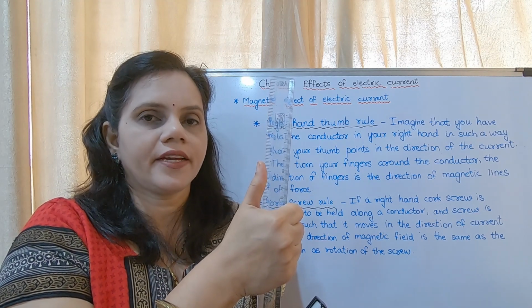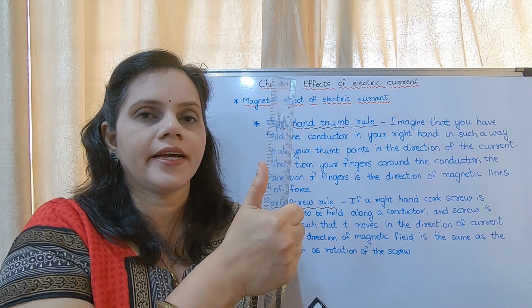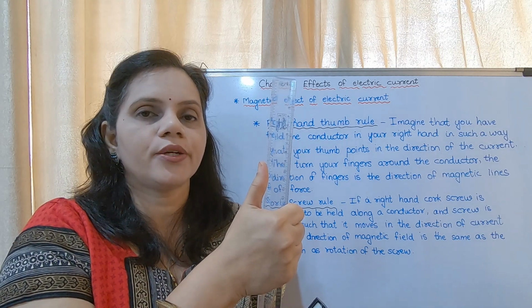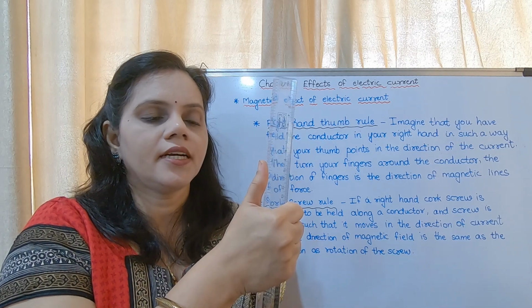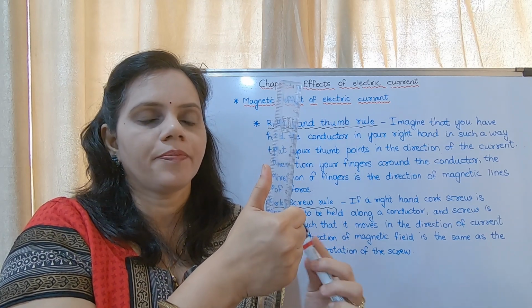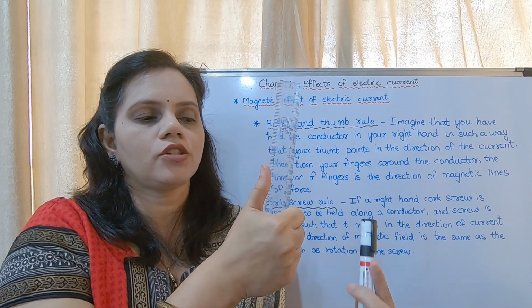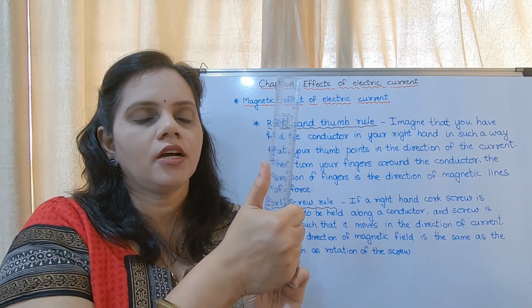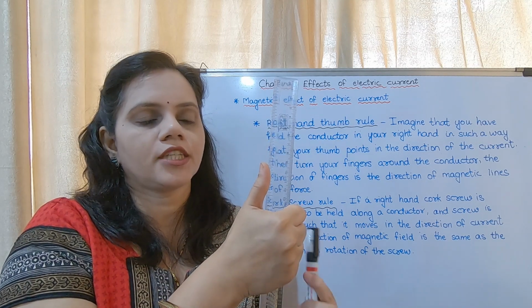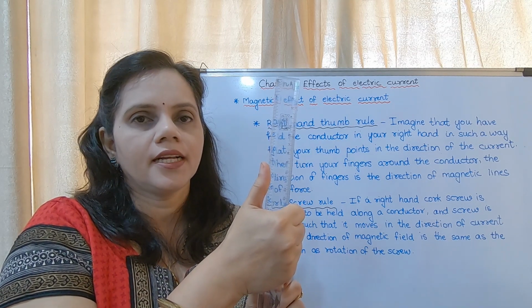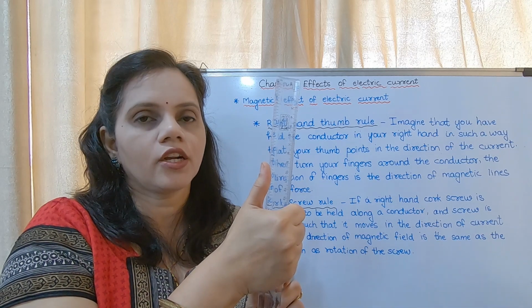The magnetic effect is maximum when they are exactly perpendicular to each other. And what is the direction of magnetic field? It is in this direction, from north to south. Understood? If this is the direction of current, this is the direction of magnetic field. That is the rule.